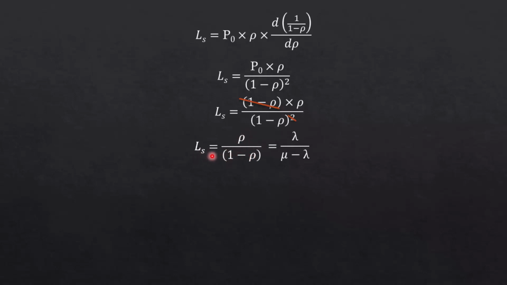So the length of the system here can be given by rho divided by 1 minus rho, and if we put the value of rho equal to lambda by mu, we'll finally get this equation as lambda upon mu minus lambda. So this is another very important formula which we are going to use to solve the model 1 problem.